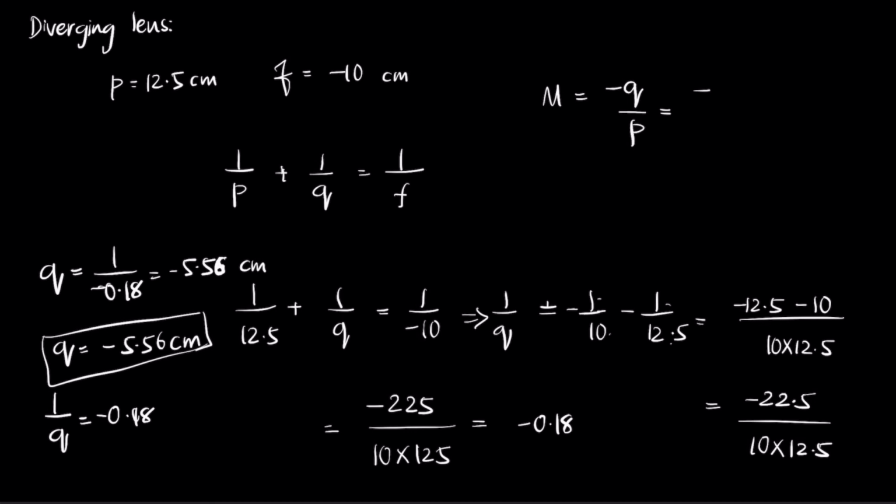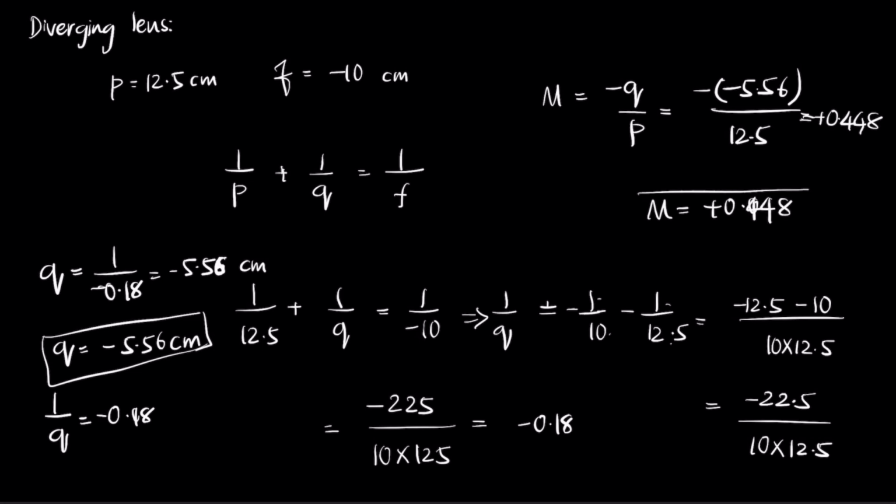I get minus of minus 5.56 divided by p, which is 12.5. If you calculate 5.56 divided by 12.5, you get plus 0.448. So the magnification factor is plus 0.448.